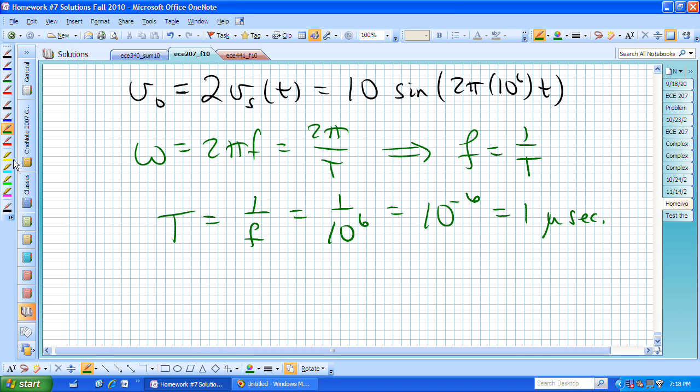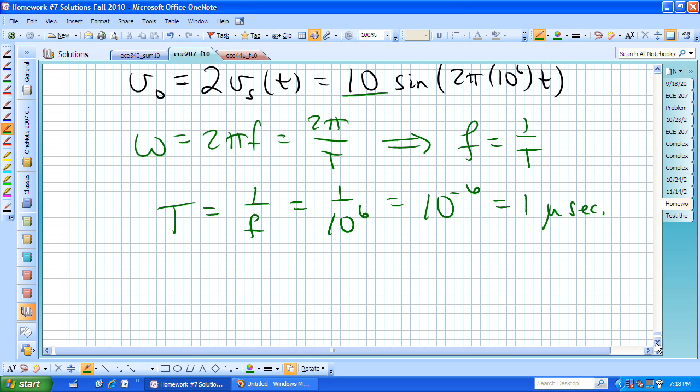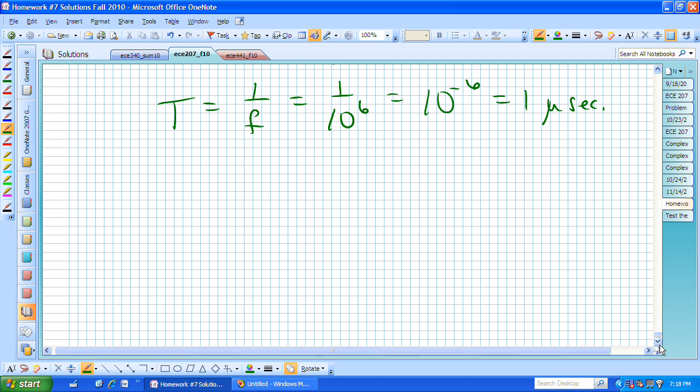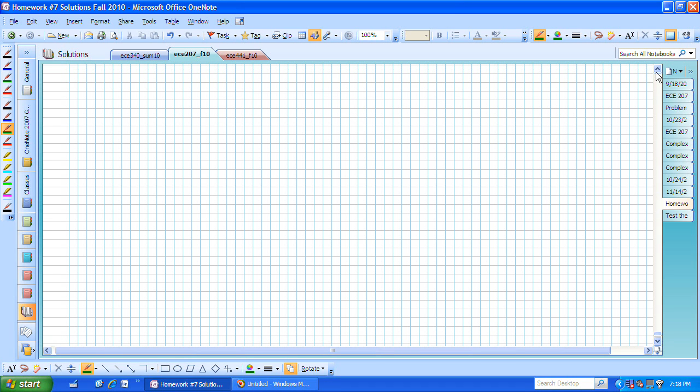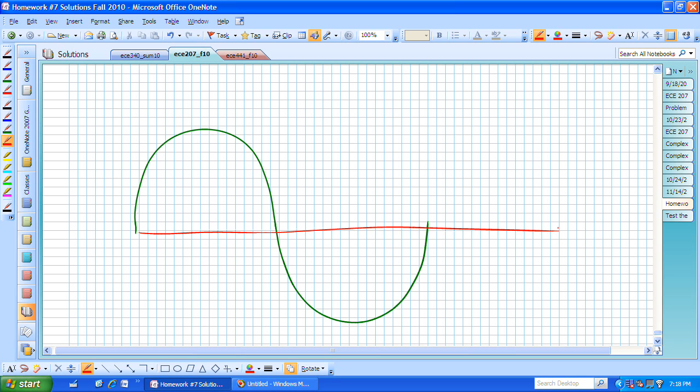Our output is going to have a maximum amplitude of 10 if we didn't have any restrictions. Let's now just sketch that for a hypothetical unlimited waveform. We've now determined that this period is 1 microsecond in time length. This amplitude is 10.